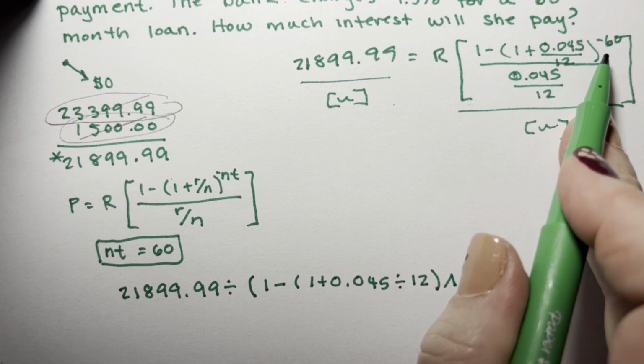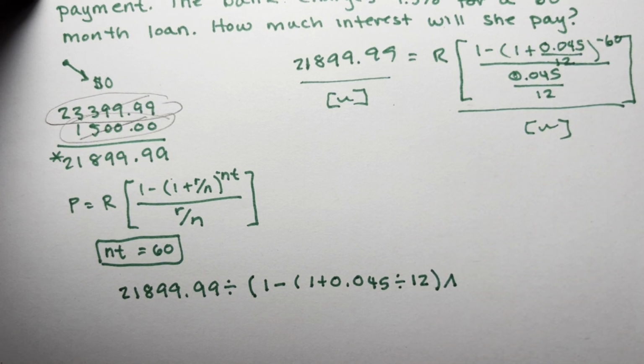Now you don't actually need a parenthesis for that -60 because it's not being multiplied. There's no computation there. It's maybe a bad practice to keep exponents in parentheses. Close off that numerator, divide by, there's computation in the denominator.